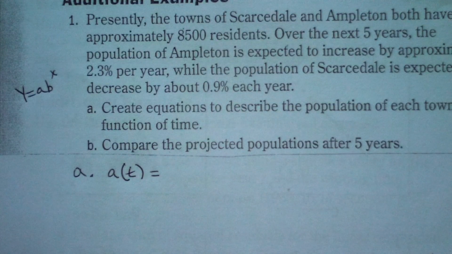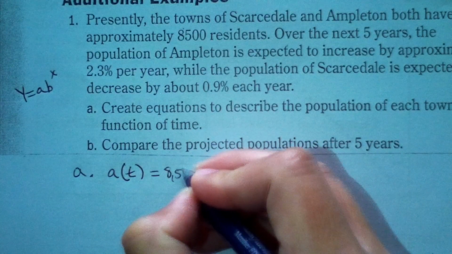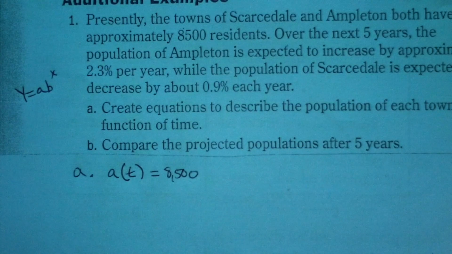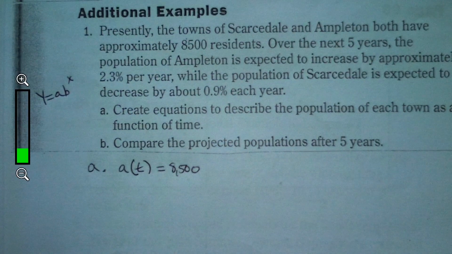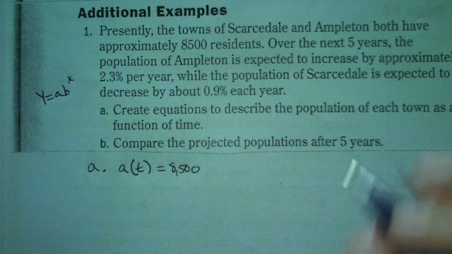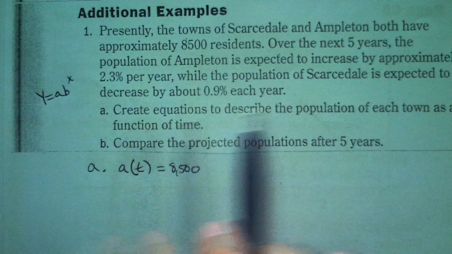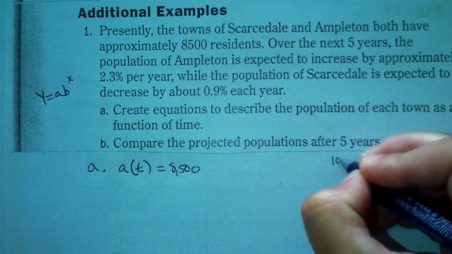Okay, so that's for our A town. Now we'll go with our S town, which is Scarsdale, starting with that same initial population, that 8,500. Now this time it's a decrease of 0.9. What do you think we would do for decrease? Yeah, minus it from that 100, right?